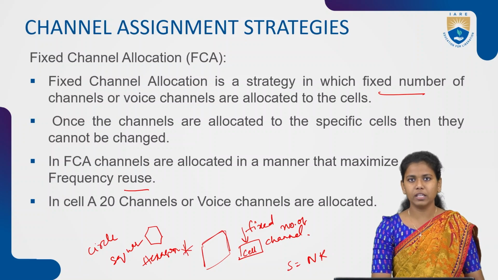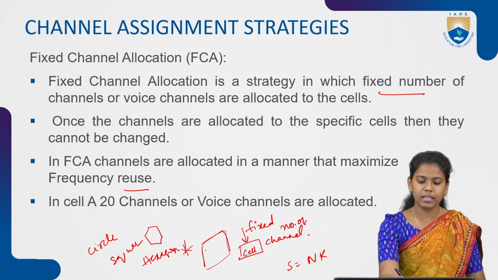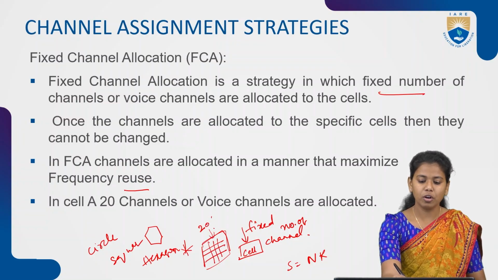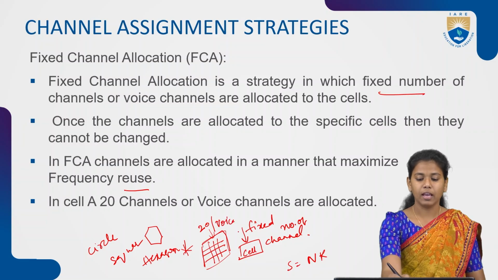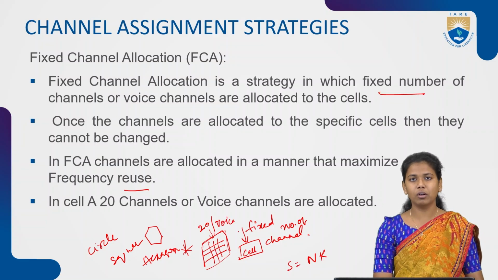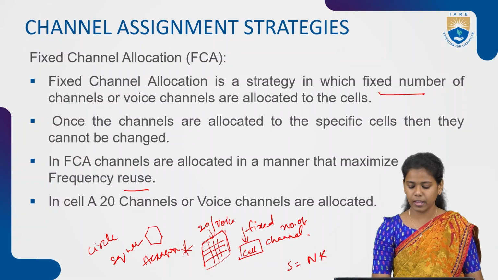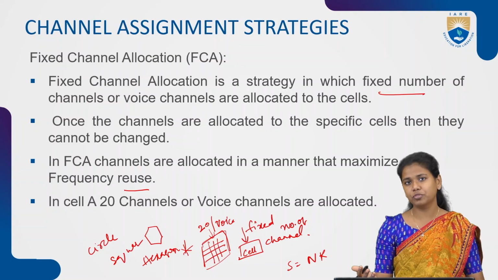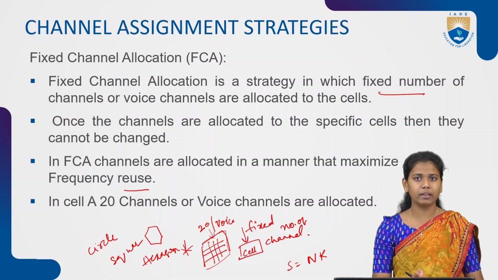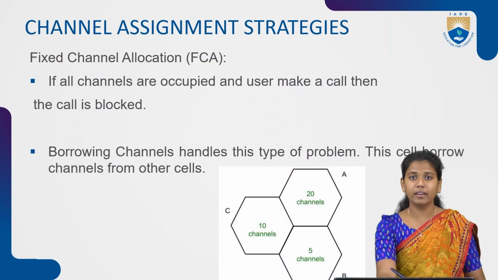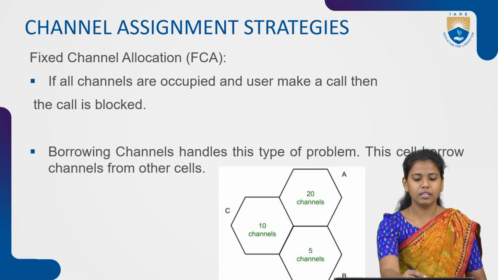So for example, this is a cell, and here we have 20 channels. In these 20 channels, 20 voice calls can be allocated, but as these channels are fixed, the number of channels cannot be added to and cannot be removed. So if the channels are occupied and a user makes a call, then the call is blocked.